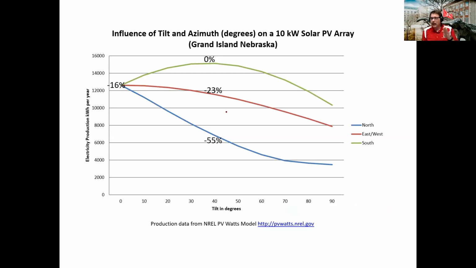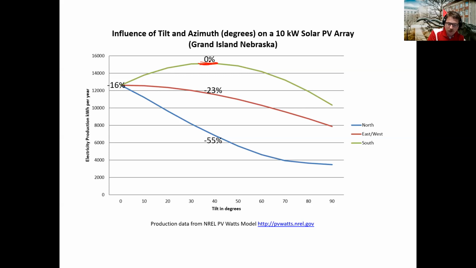Now let's think about what direction we should face. Should we face it north, south, east, or west? Well, if we think about the sun, and we're in the northern hemisphere, the sun generally is to the south of us. In the wintertime, it's low on the horizon. In the summertime, it's somewhat directly overhead. But the reality is we want to face south. This is where I receive the optimum, or peak, production of my system.